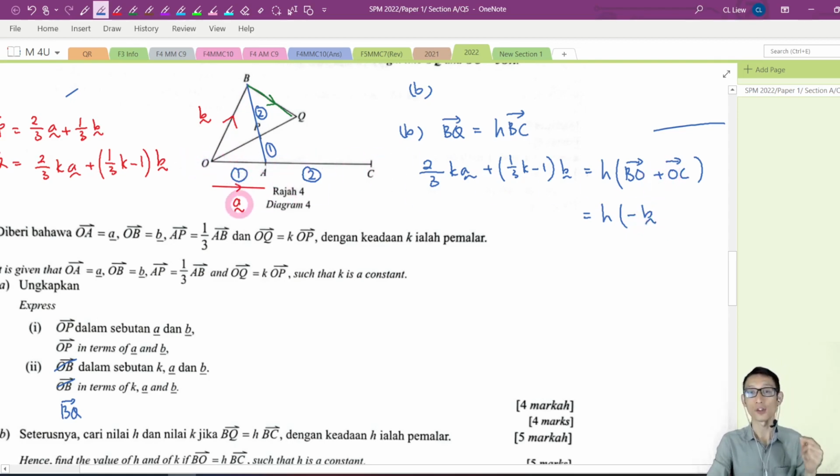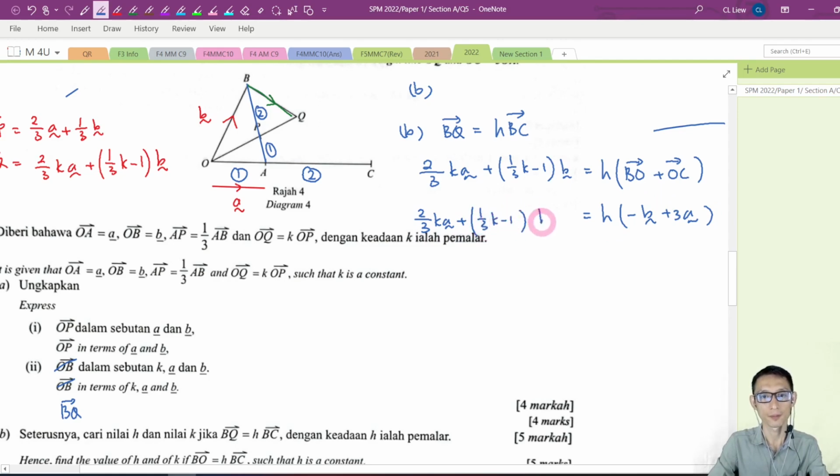So one part is equal to A. Now we have 3 parts, which is equal to 3A. Let me copy here first. And bring in the H. So it will be negative HB plus 3HA.